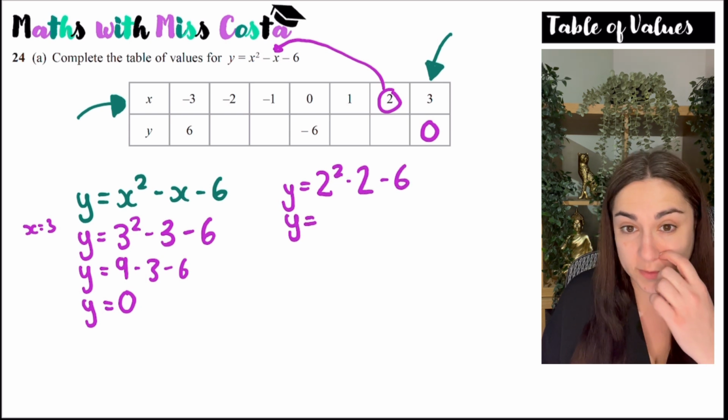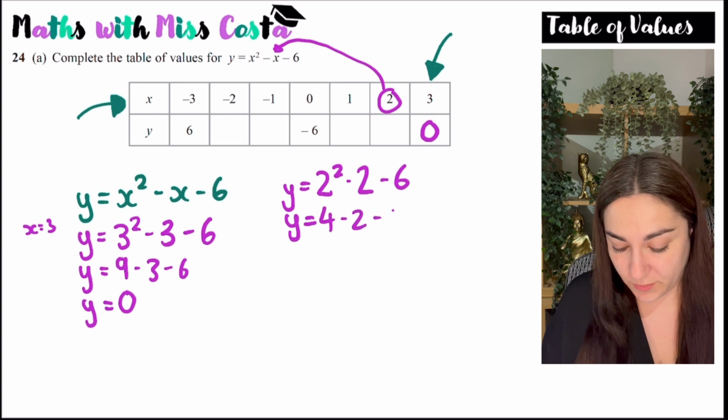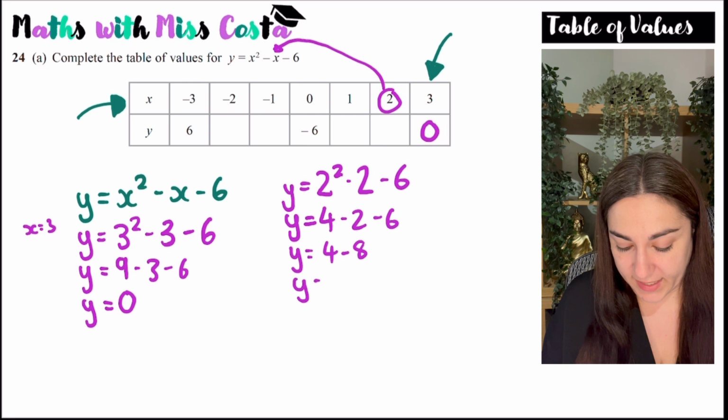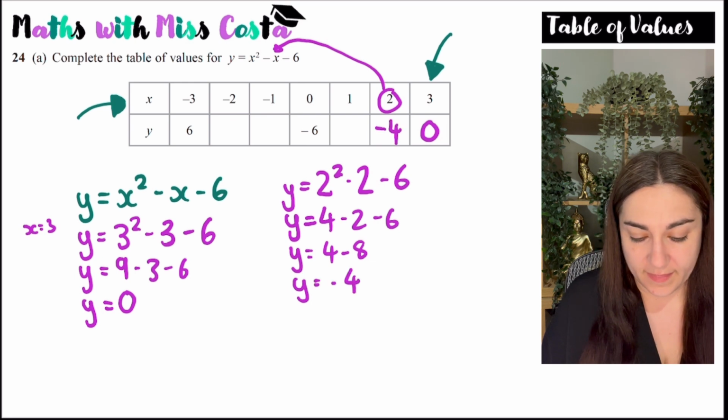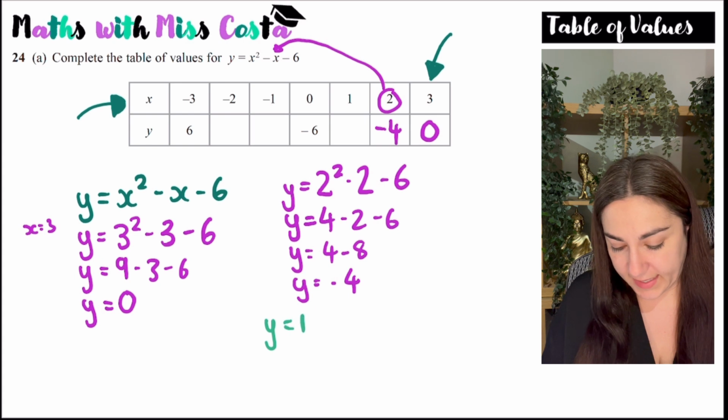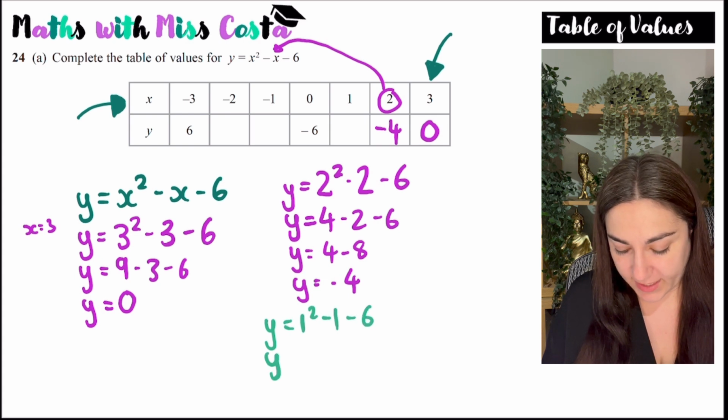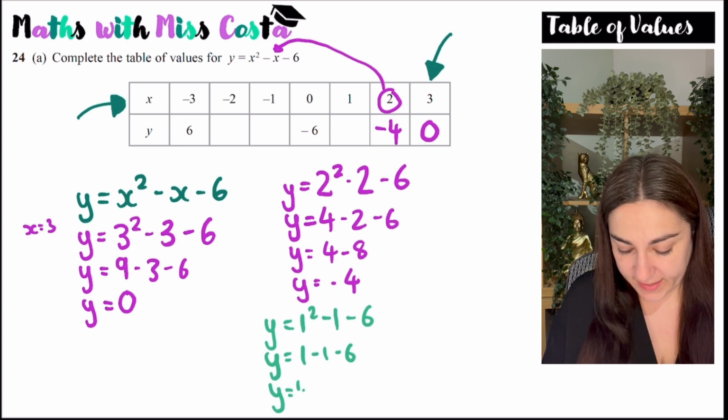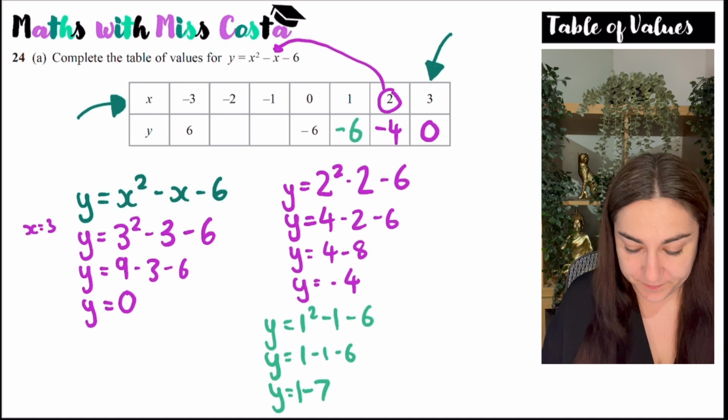So you can also do this on your calculator, but I'm just showing you what it would be. So that would be the same as 4 take away 8, which is minus 4. Then for the next part, we've got y is 1 squared, take away 1, take away 6. So y is 1 take away 7, which is negative 6.